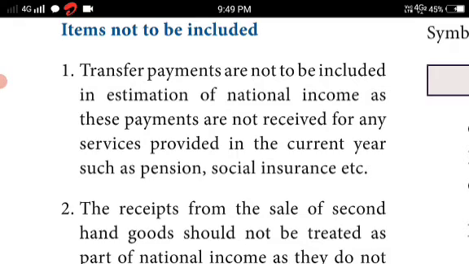The receipts from the sale of second-hand goods should not be treated as part of national income, as they do not create a new flow of goods or services in the current year, because it was already added at the time they bought a new car. At the time they bought, that amount was calculated as national income.